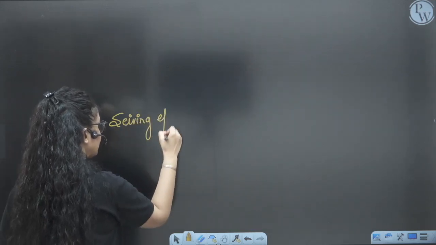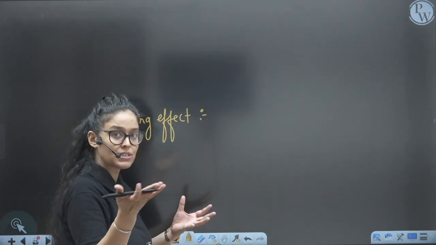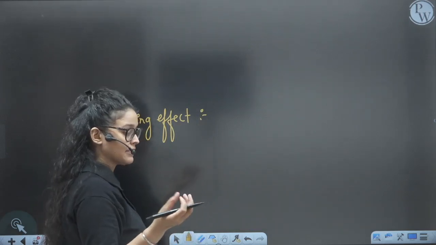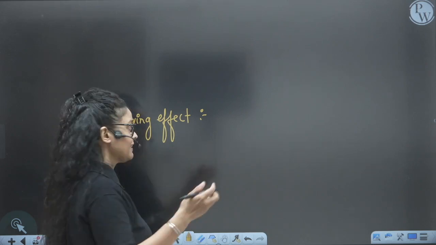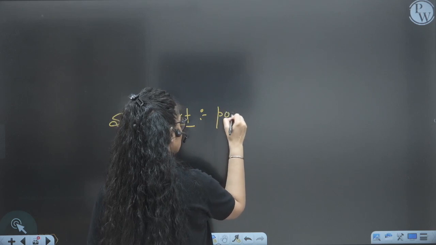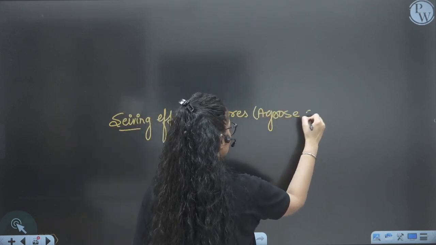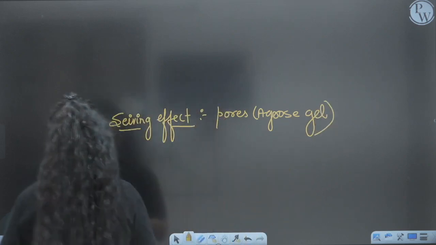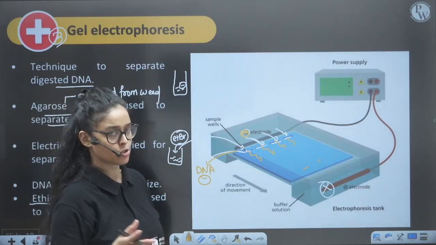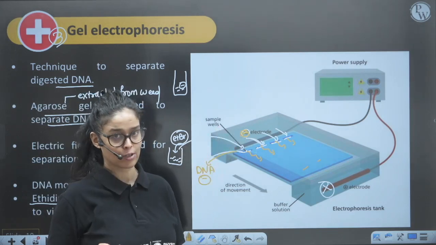Sieving effect means we have pores like a chunni, like the sieve we use at home to separate flour, right? So the agarose gel has pores through which our charged particles get separated. Any charged particle like DNA, RNA, or protein can be separated on agarose gel.